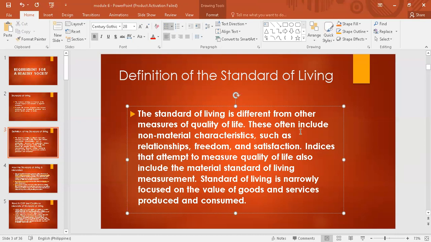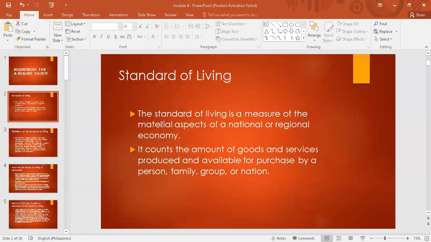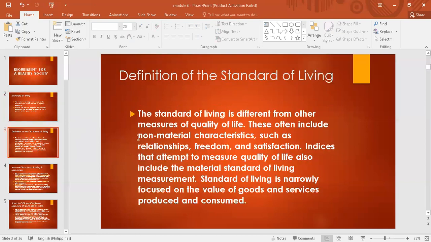So a healthy society is not only in the mere fact that we are measuring our output, the amounts of goods and services produced and available, but also yung tinatawag nating non-material characteristics, may relationship, may freedom and satisfaction. Now, there are analyses that attempt to measure quality of life.